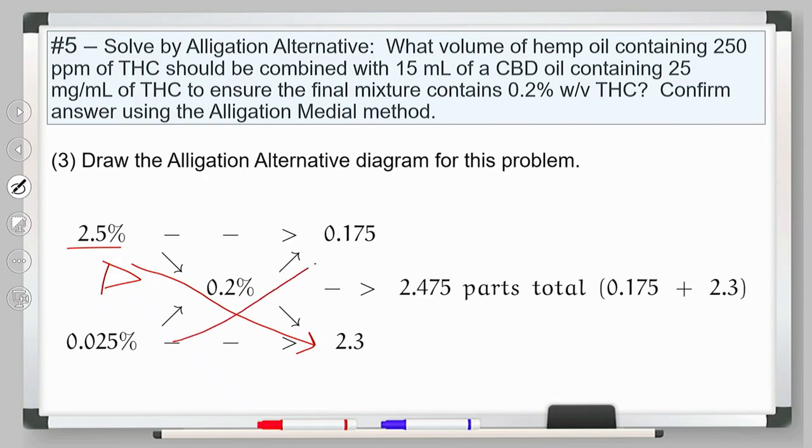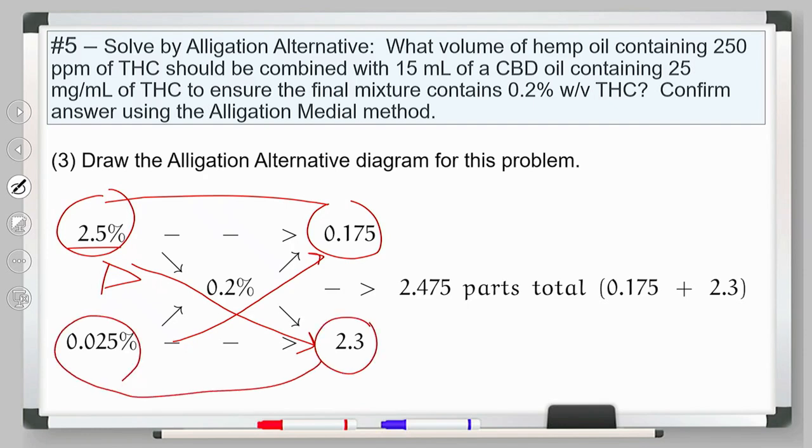Cross subtract going up: 0.2 minus 0.025 gives me 0.175. Those are the parts for the hemp oil, the low concentration, and the 2.3 are the parts for the CBD oil. The parts for my final target are the sum of the two, so 2.3 plus 0.175 is 2.475.